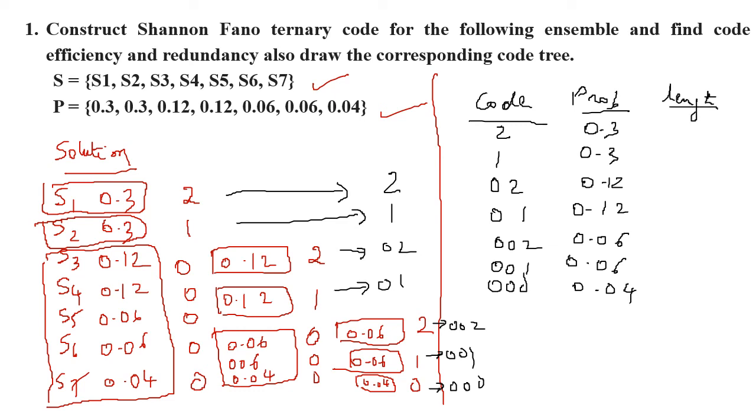So the respective lengths are 1, 1, 2, 2, 3, 3 and 3. So we have got the code here and we have got the respective length. So what we can do is we can find the code efficiency and code redundancy. So how to find the code efficiency and code redundancy?